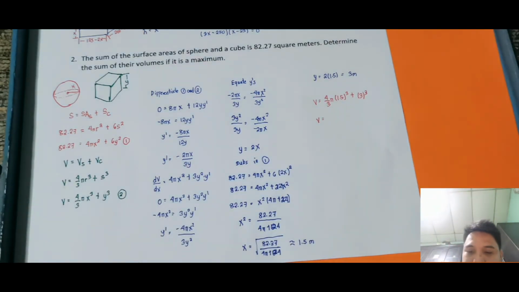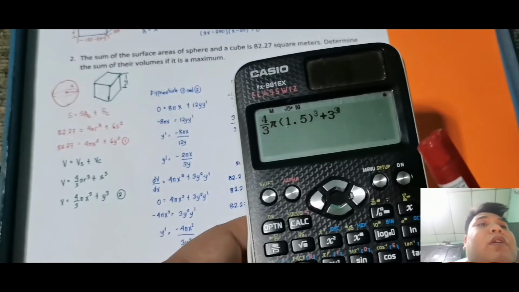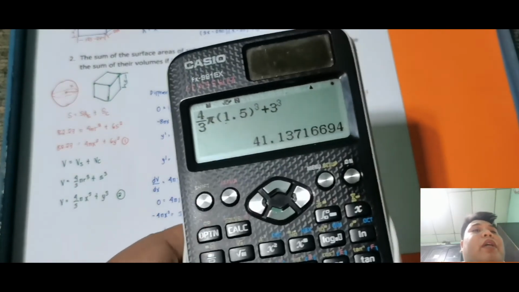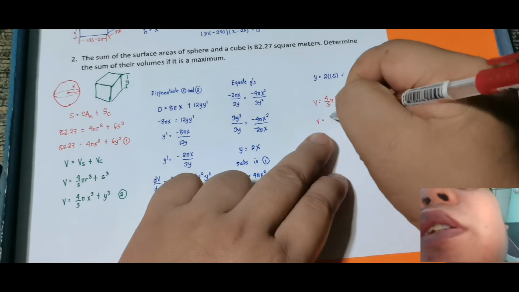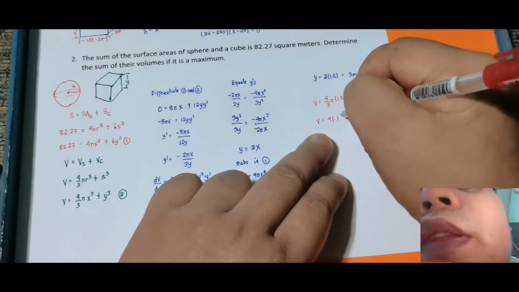So this is 4 over 3 shift pi, then 1.5 cube, plus 3 cube. Okay, so that is equal to 41.14. So mas mabuti na yung ganun. So the volume, therefore the volume is 41.14.